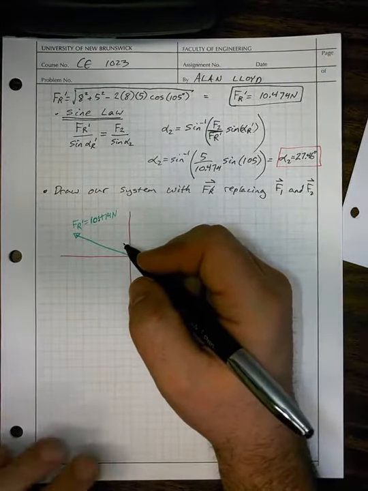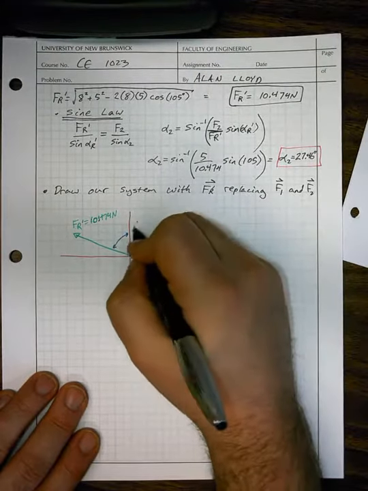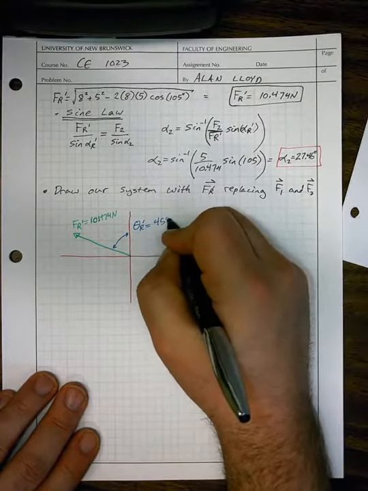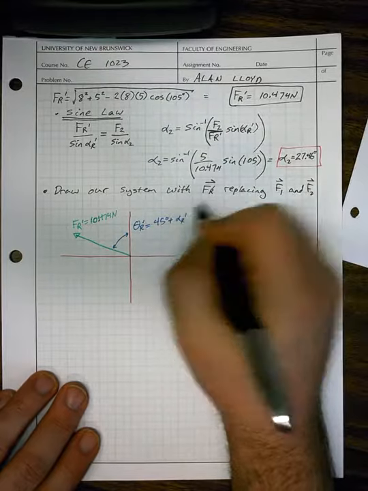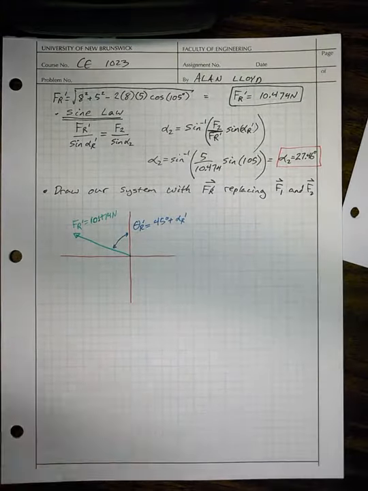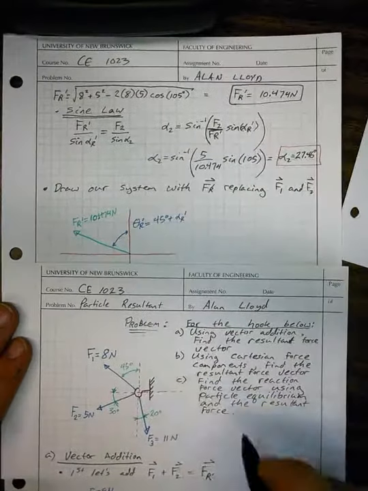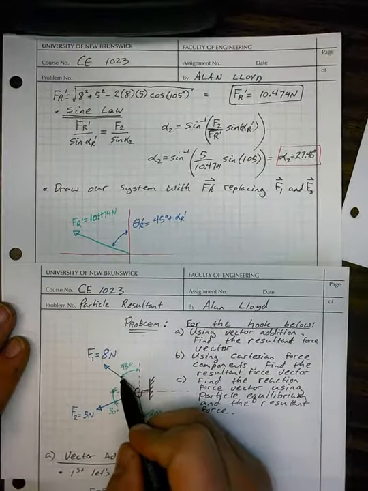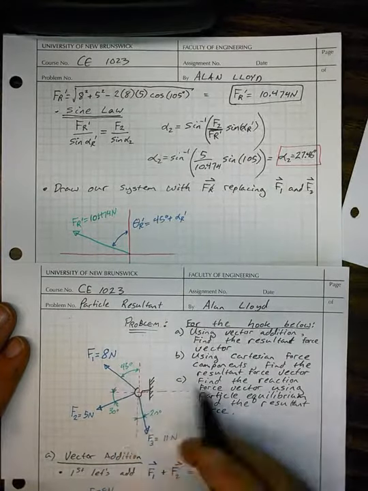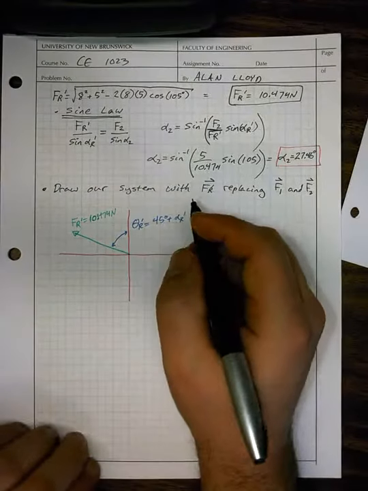We can find an angle, let's call this one theta R prime, is equal to 45 degrees plus alpha R prime. Now that 45 degrees, let's put on our original drawing right below this. So we're taking this 45 degree angle and adding to it the angle between F1 and FR prime that we found below to determine the new angle at which FR prime acts.